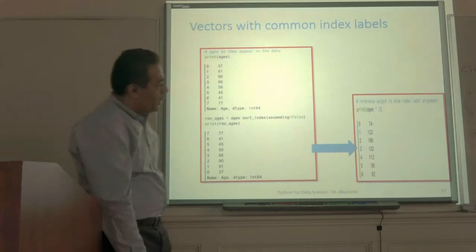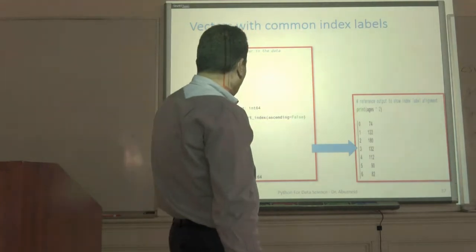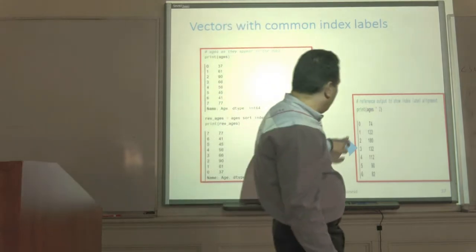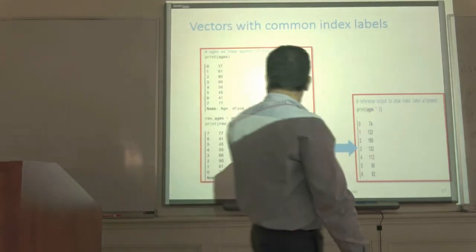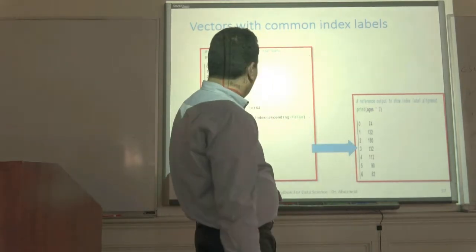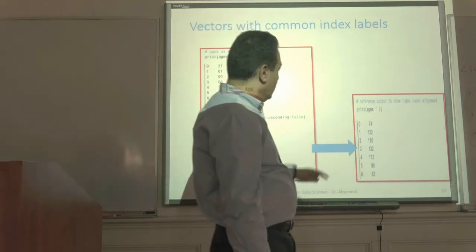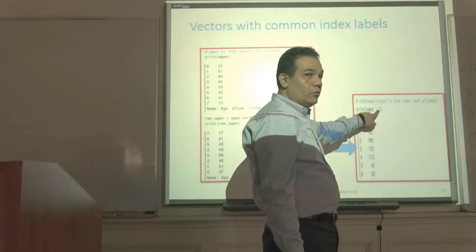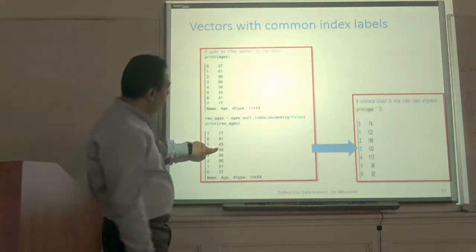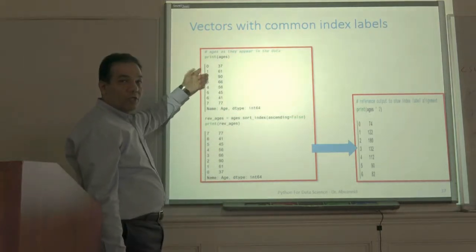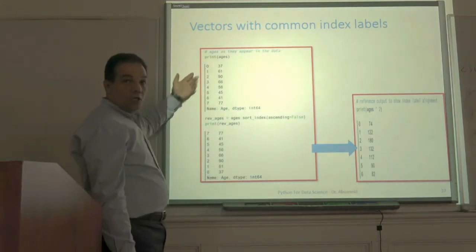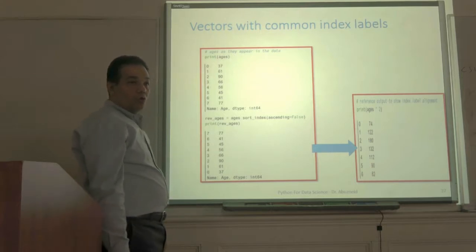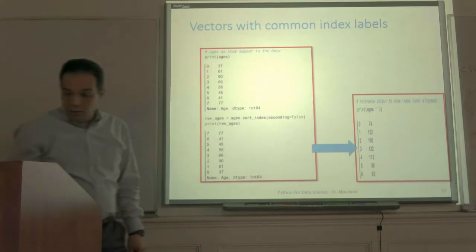Now the funny thing: if I multiply ages by 2, it's not going to operate on this, it's going to operate on that, because it will maintain the order.